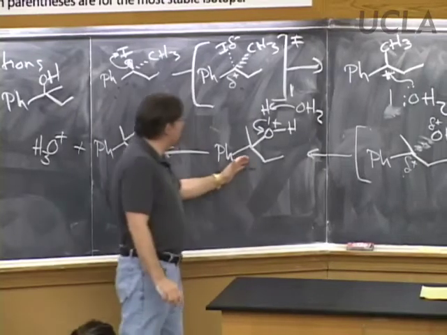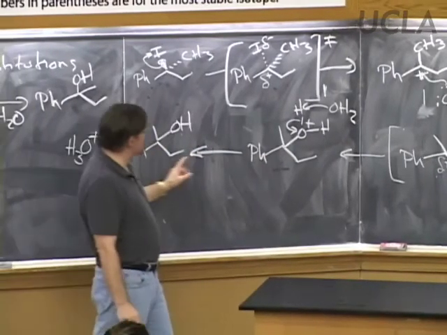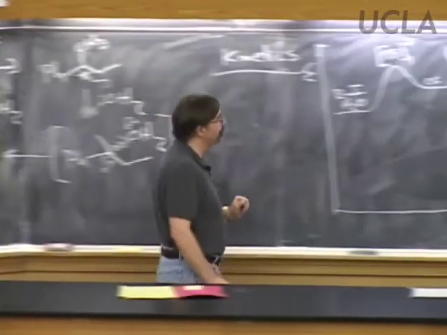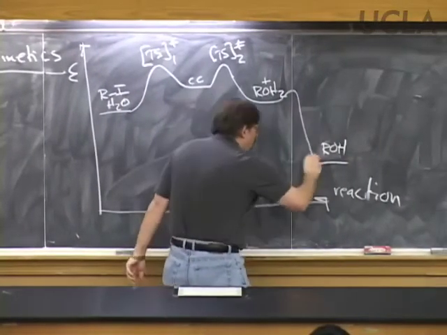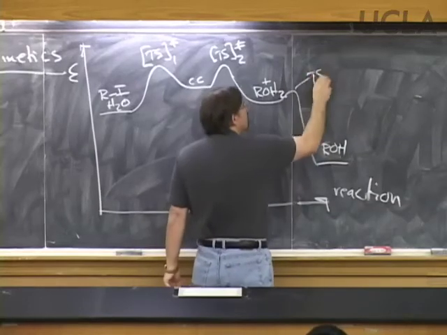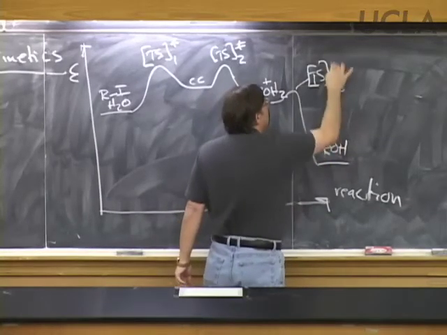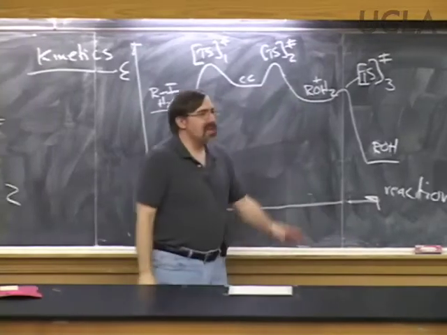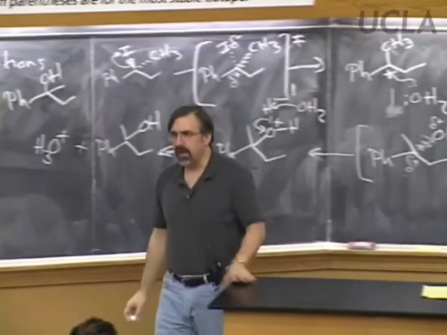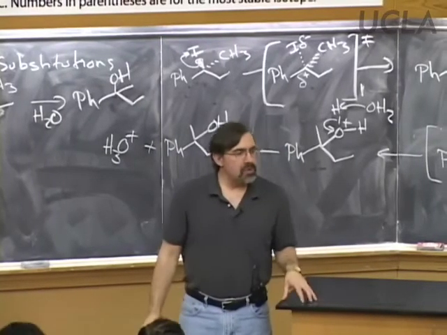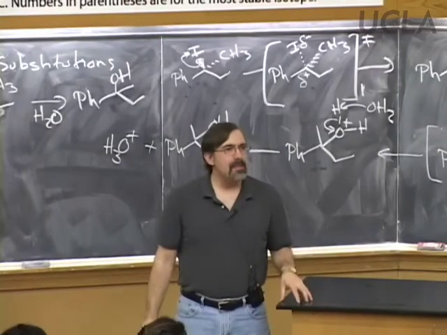And then the oxonium ion is going to get deprotonated to make the product. Now there's a transition state for this step, but that transition state turns out to be pretty small. Right here is transition state number 3. As it turns out, and this is just one of those things you kind of need to take on faith, it's an empirical observation, proton transfer steps tend to be fast.